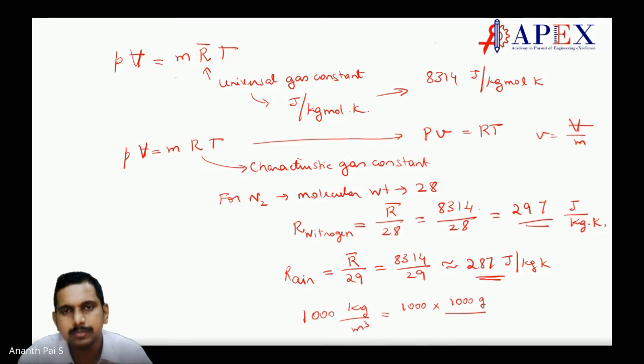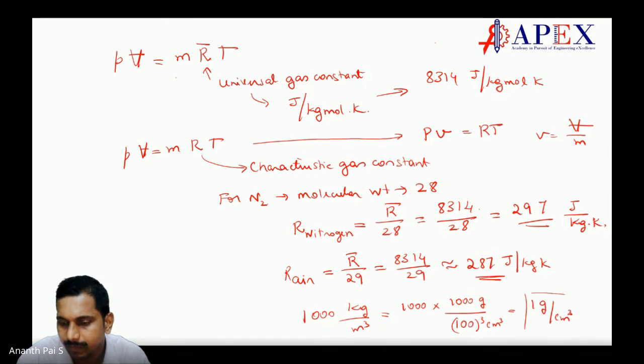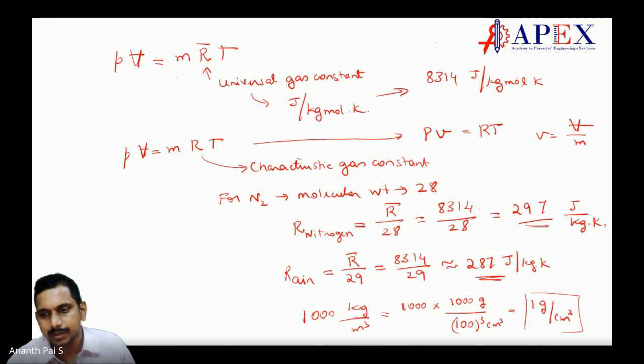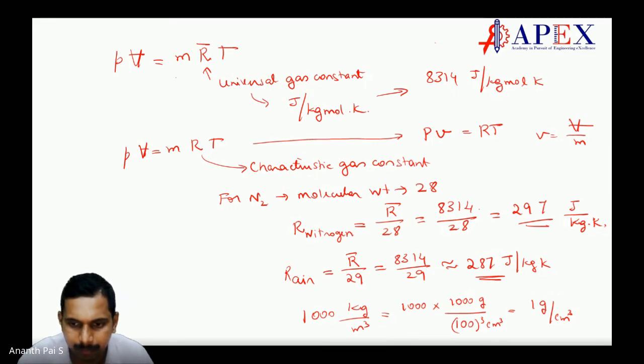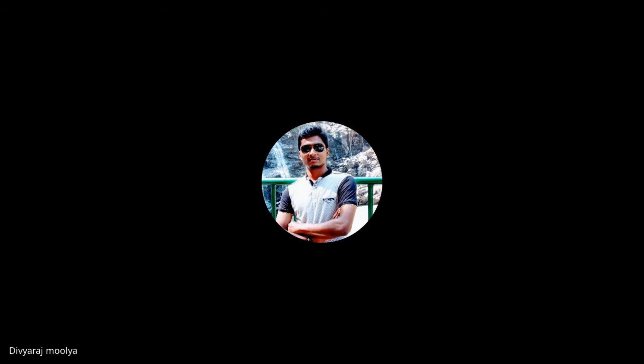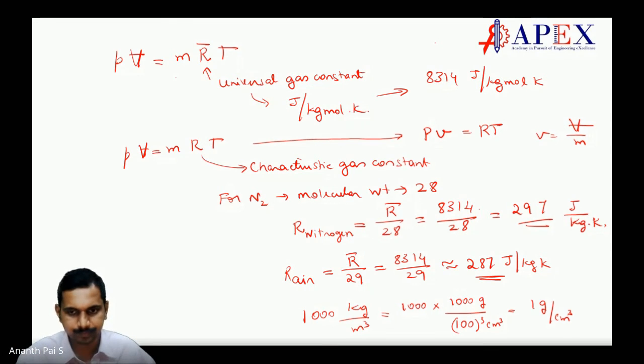And 1 meter cube, you say grams per centimeter cube. 1 meter is equal to 100 centimeter, so 100 cube centimeter cube. So you get 1 gram per centimeter cube, is it not? Unit conversion, simple. Correct. Similar with this. Basics. Keep it simple and sweet.